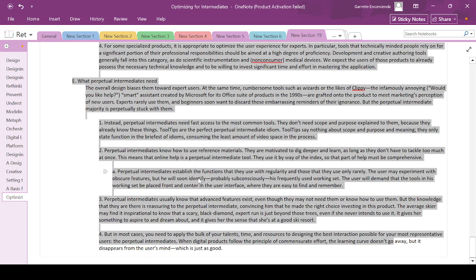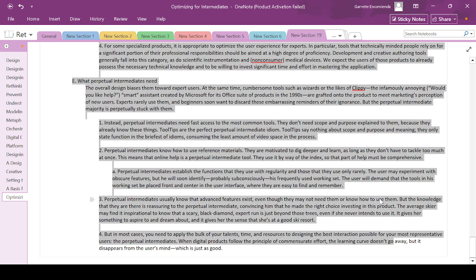Perpetual intermediates establish the functions that they use with regularity and those that they use only rarely. The user may experiment with obscure features, but he will soon identify, probably subconsciously, his frequently used working set. So subconsciously, he will find that just by nature of repetition.